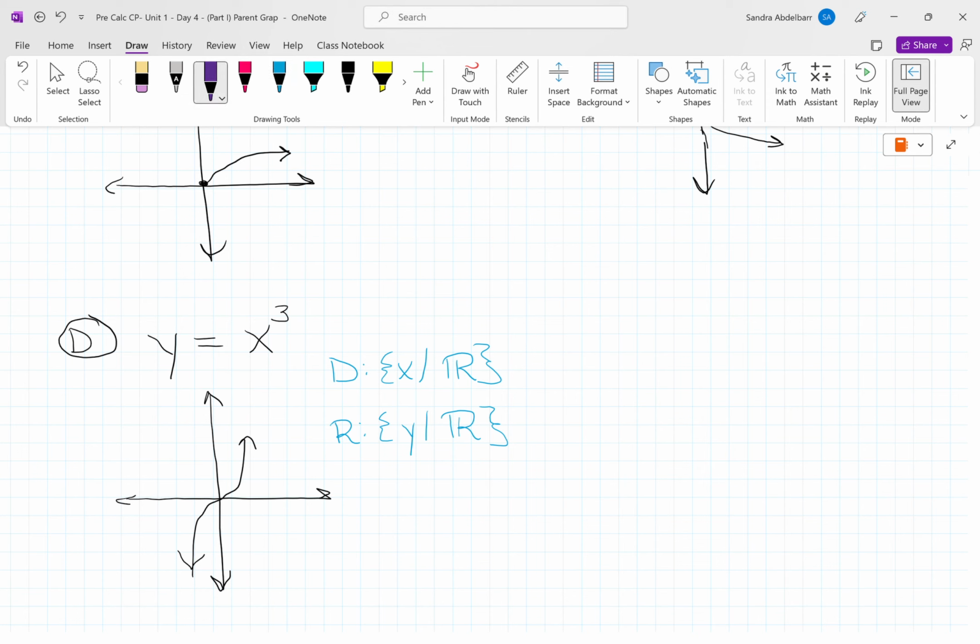So now let's negate this disco dancer. What happens when we negate the disco dancer? So if I have y equals the negation of x cubed, so before we're going from quadrant 3 to quadrant 1, when we negate it, we're going from 2 to 4, or 4 to 2, however you want to look at it.